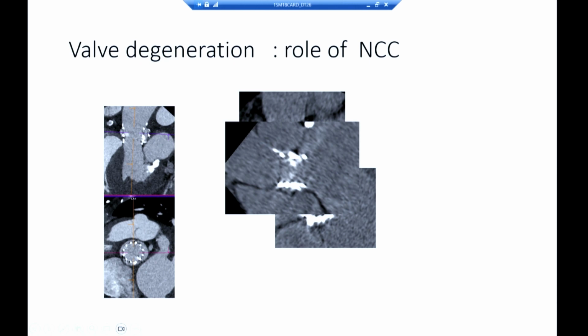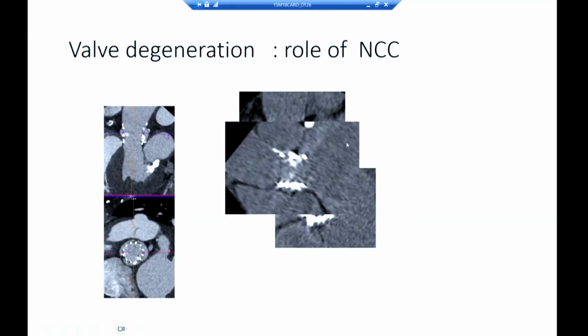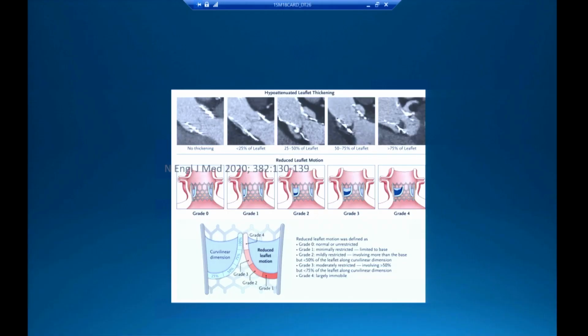You can see in the contrast images, we didn't get too much contrast here, and the calciums are not very dense. So you look at this valve, it doesn't look too bad, but if you look more carefully, this is a huge chunk of calcium right there. And so this patient does have moderate stenosis on echo, okay?